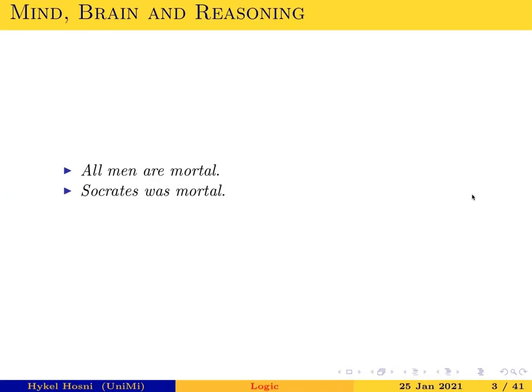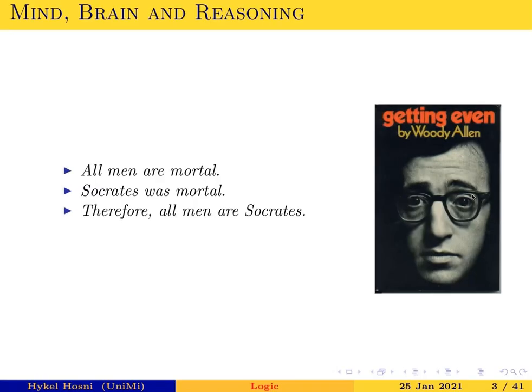So it's mind, brain, and reasoning, and let's just warm up with something I hope is familiar. So all men are mortal. Socrates was mortal, and I think you know how this goes on. Do you? Yeah. Is all men are Socrates, right?